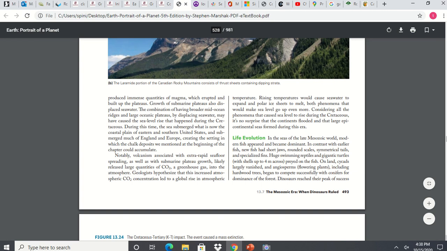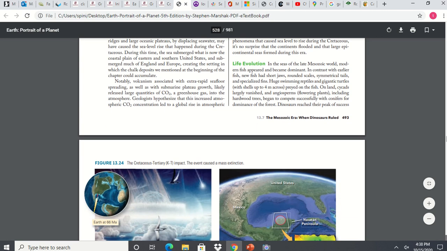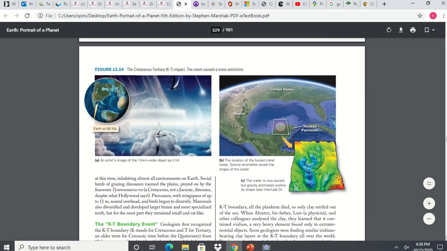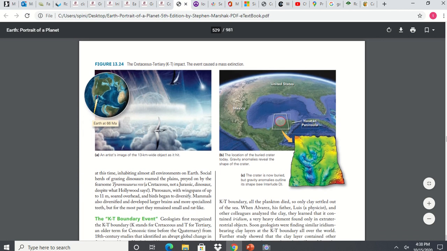And it's a good thing, especially if you're a mammal like us, because once the dinosaurs are gone, now the mammals have a chance to evolve. And again, if this meteor had not hit the Earth, then we would probably not be here. It's a good guess. So it's a very interesting story here.